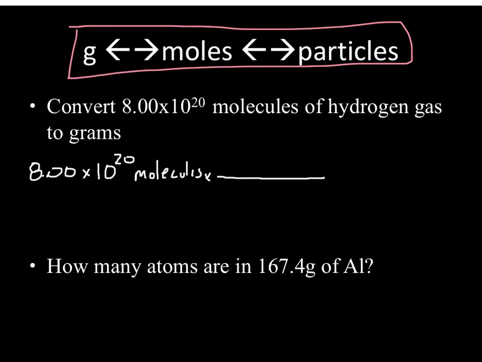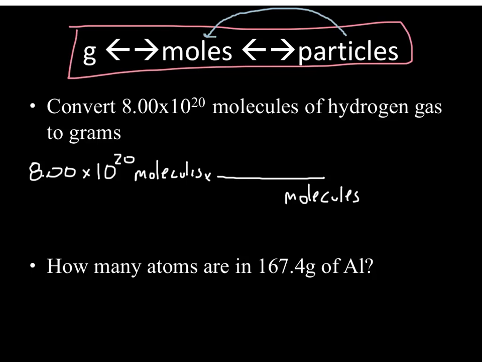Okay, so with this first one, we have 8.00 times 10 to the 20th molecules. The unit that's going to go on the bottom has to be molecules because it's molecules on top. Then if we come up here, molecules is a form of particle, and so we're starting right at this spot. From particles, the only place we can go is to moles.